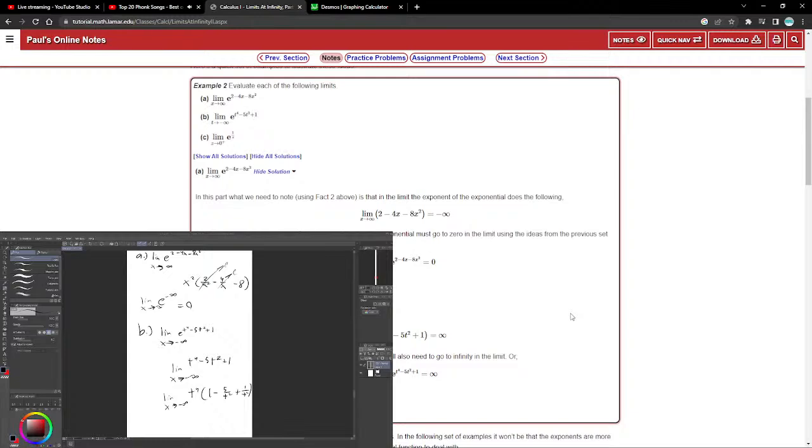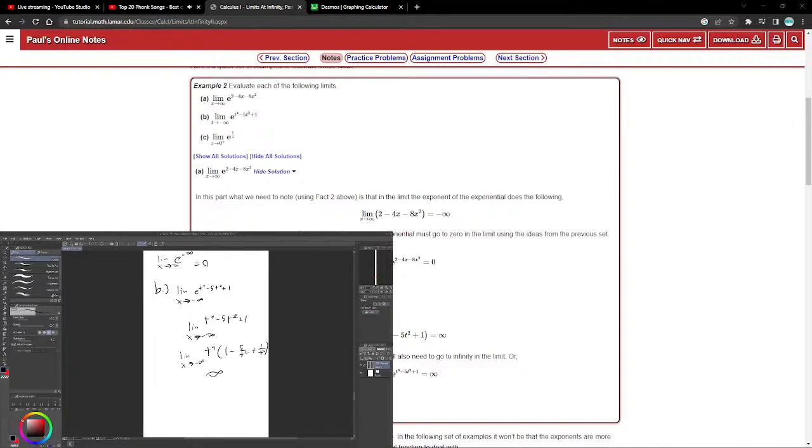Oh, because it's a negative that you're plugging in. It's a positive. It's an even exponent. Okay. Yeah, I see. And the limit of e to the power of infinity would be infinity.